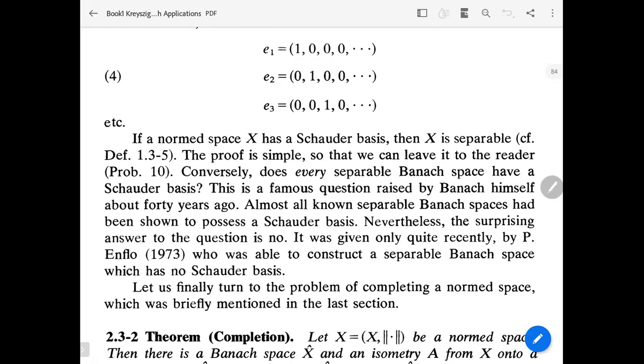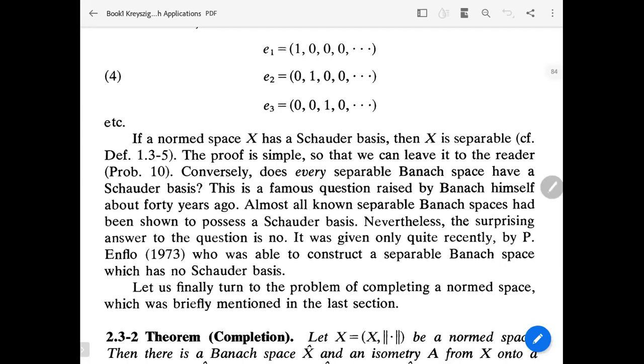So one of the important questions in mathematics is to study the converse of a statement. If X has a Schauder basis, then X is separable. So what about if X is separable? Does every separable Banach space have a Schauder basis?